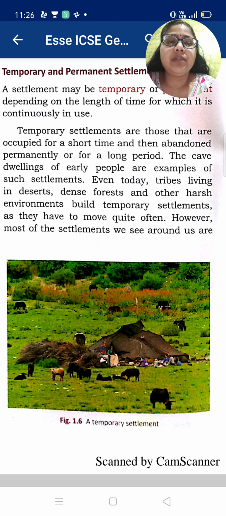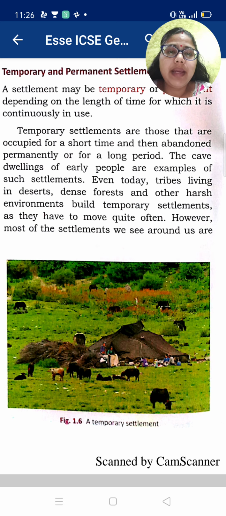The cave dwellings of early people are an example of such settlements. Even today, tribes living in deserts, dense forests, and other harsh environments build temporary settlements because they have to move quite often.